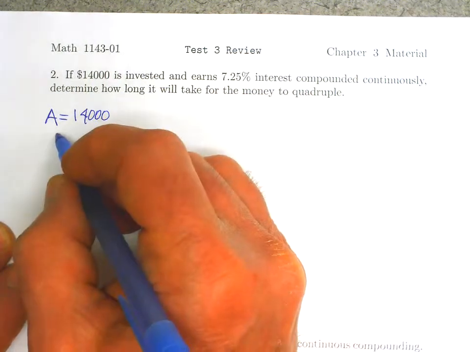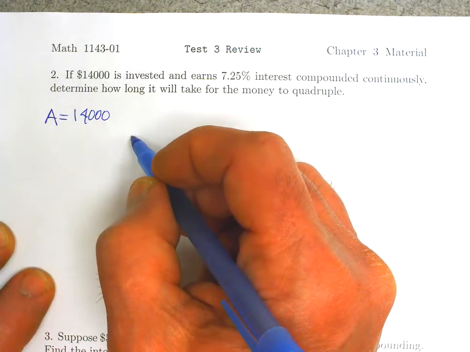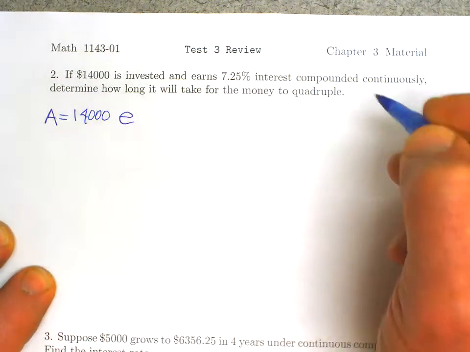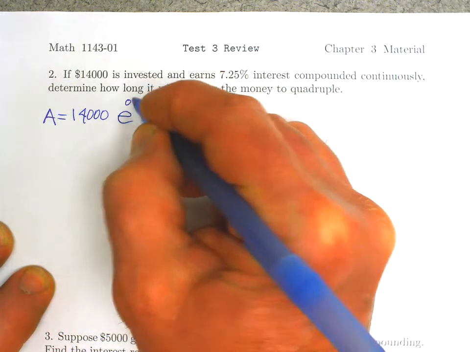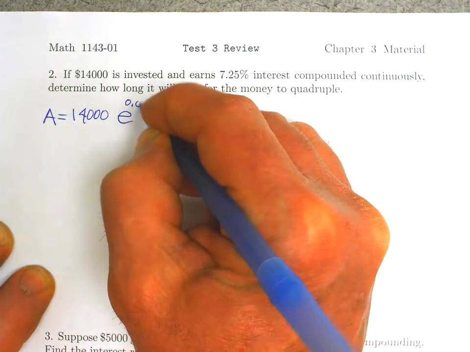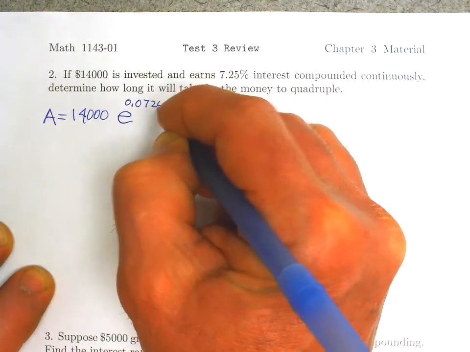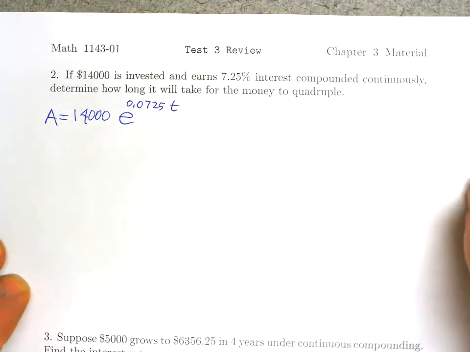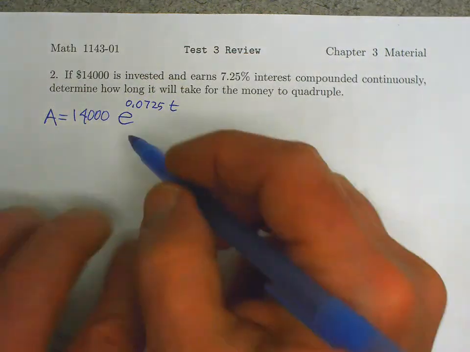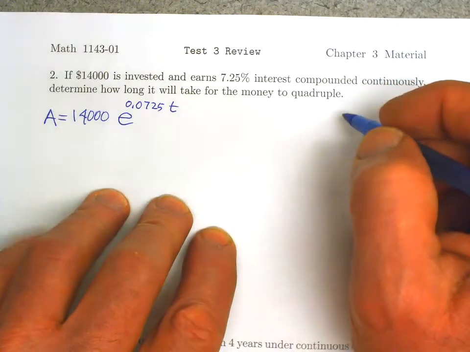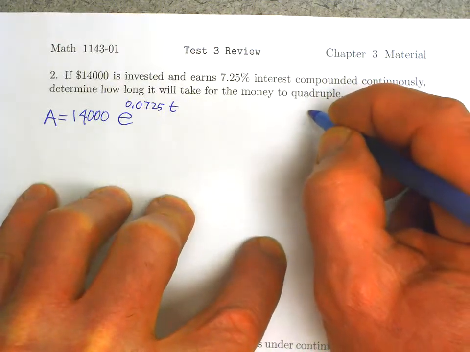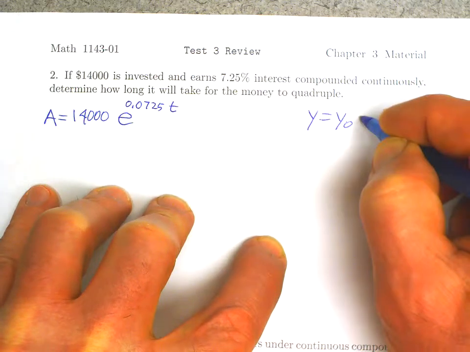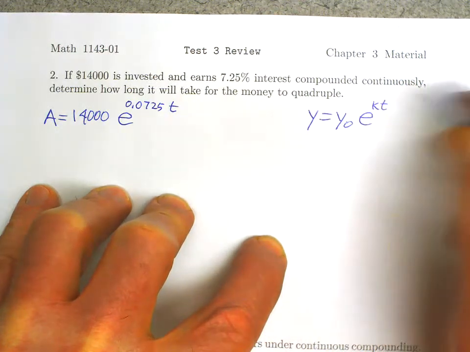So when we apply it to the interest formula, it's A equals 14,000 times e to the 0.0725 times t, where t is the number of years. Notice that even though the letters are not all the same, it has the form y equals y sub 0 times e to the kt.